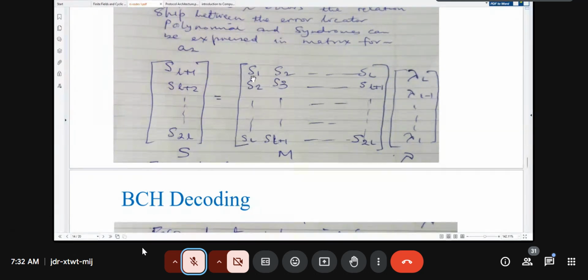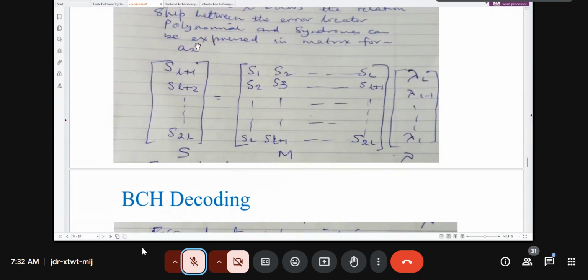You can see the pattern goes from S1 to SL. So in matrix form, this relationship holds, where L is the number of errors.